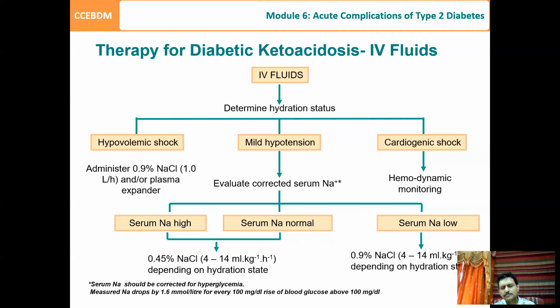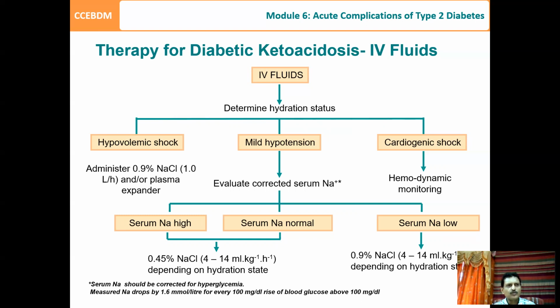Therefore, it is our obligation to continue with the food and also to give the insulin, which will help the food enter the cell. If you stop the insulin infusion, then again it will be a reversion of the process, and because of this reversion the patient will progressively develop diabetic ketoacidosis again. So start normal saline, give it over a period of time, and keep monitoring the glucose value.